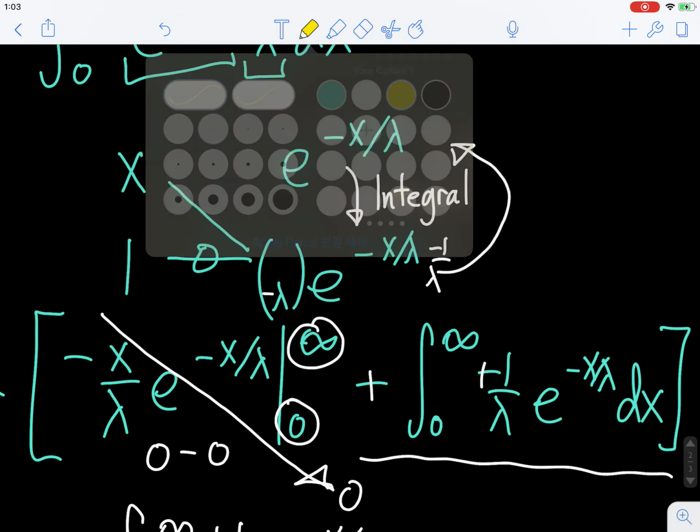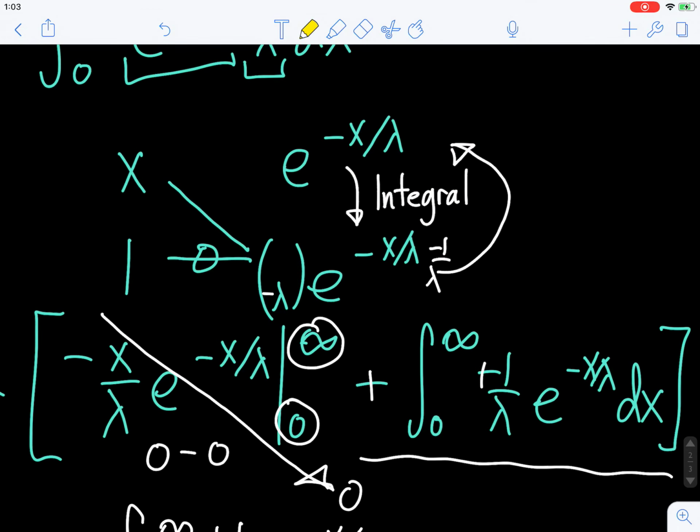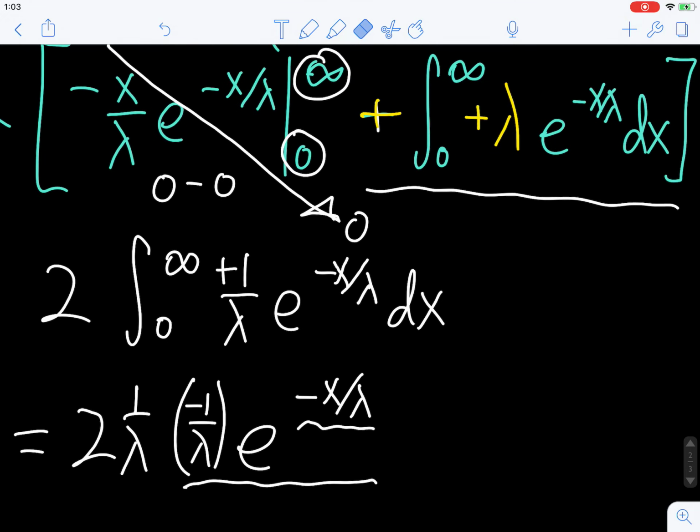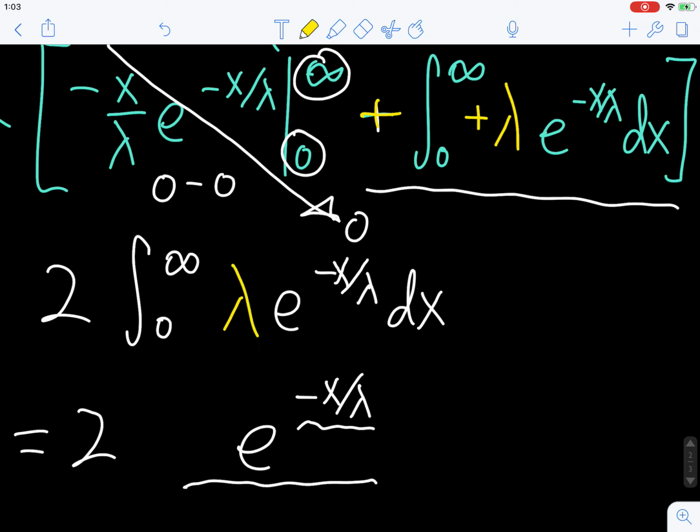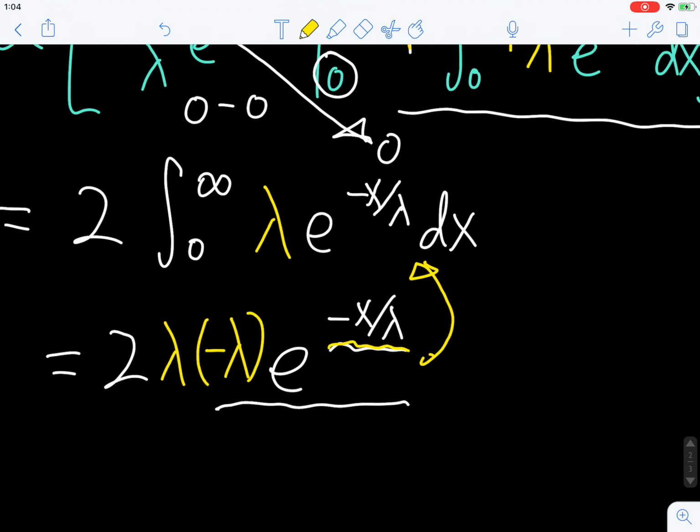Let me correct my mistakes in yellow. It'll be negative lambda here, and negative lambda here, but then the negatives cancel, and so we get positive here, here, and here. So many mistakes. The lambda stays. To cancel this one, when we derive, I have to multiply by negative lambda. This looks a lot better.